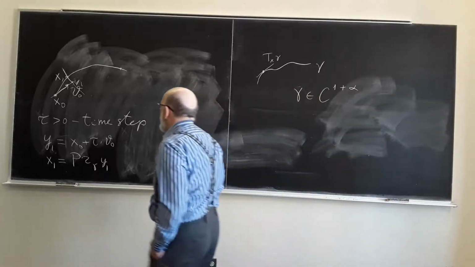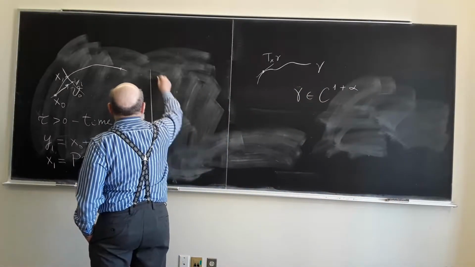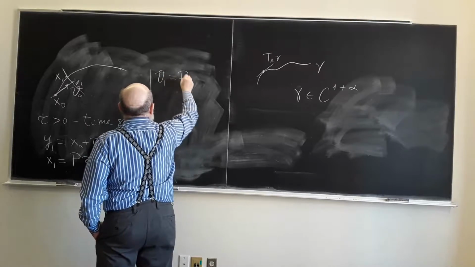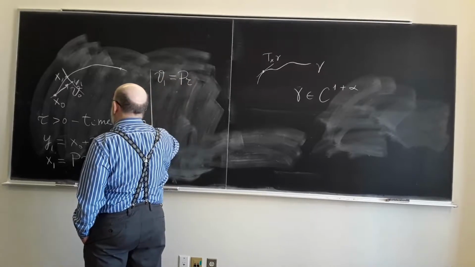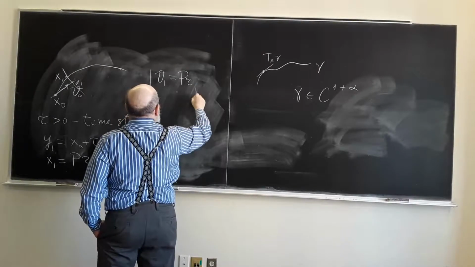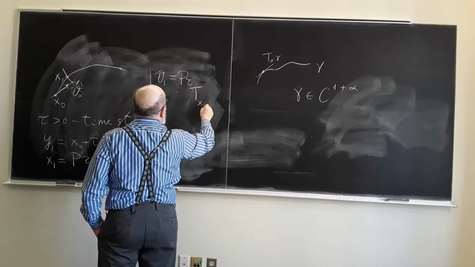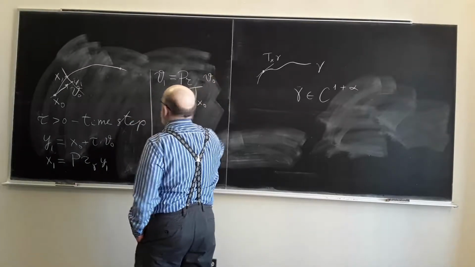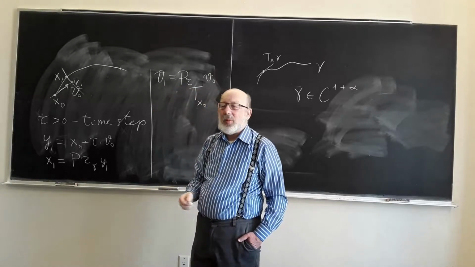But now what is the velocity at this point? We write v1 is the projection on the tangent space at the point x0 of v0. So what does it mean?